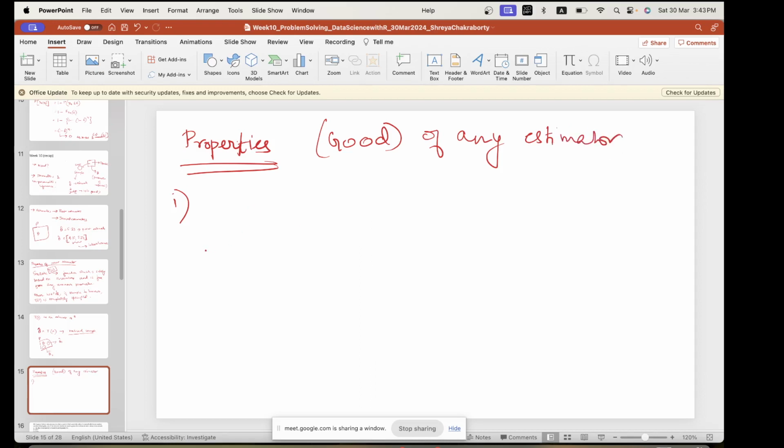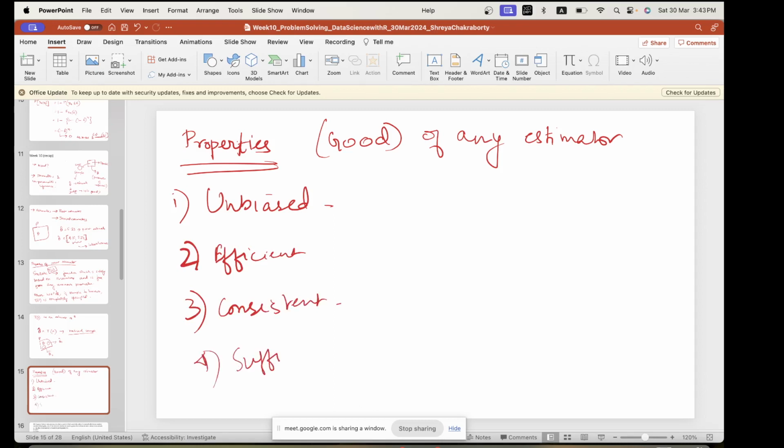Some good properties are: if it is unbiased. Second, it should be efficient. Third, it should be consistent. Fourth, it should be sufficient. And fifth is completeness. And these are all separate.